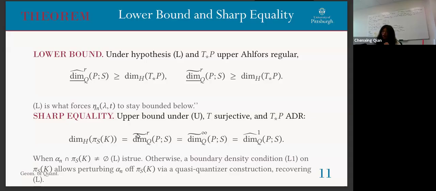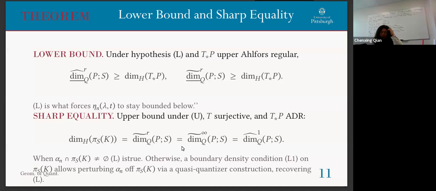And a surprise is, if we combine the upper condition U, and we suppose T is surjective, and the push forward measure is Ahlfors regular, then we have a strict equality. So everything here collapses to one number.